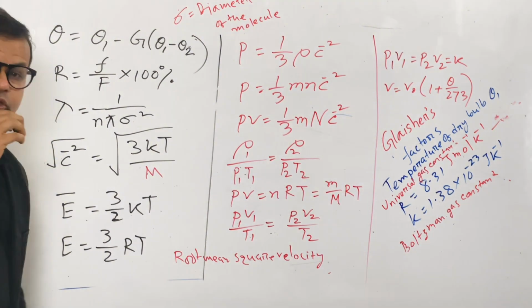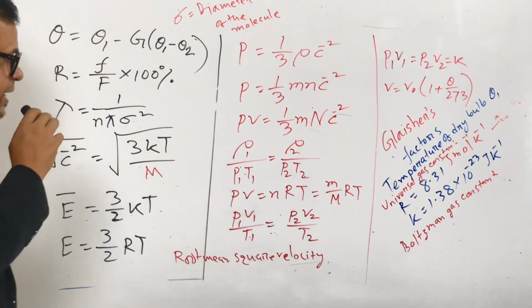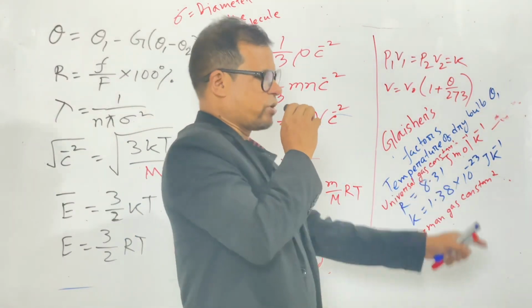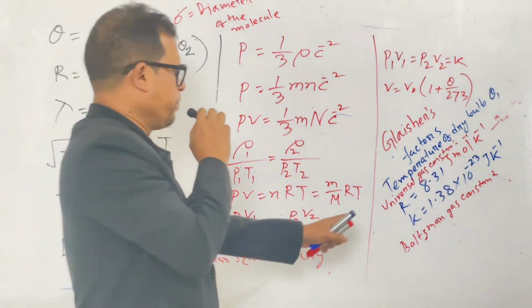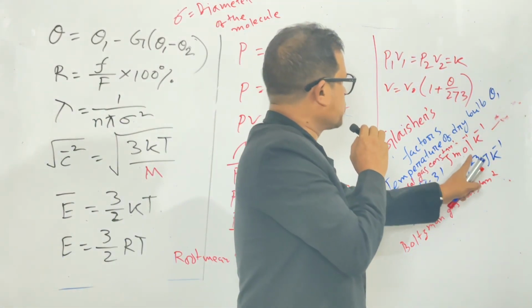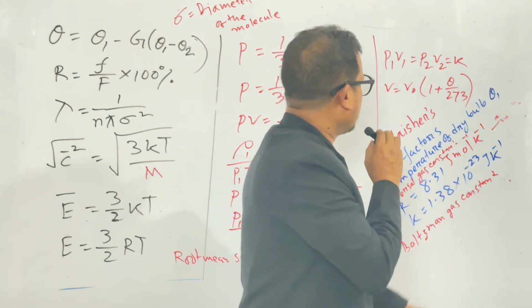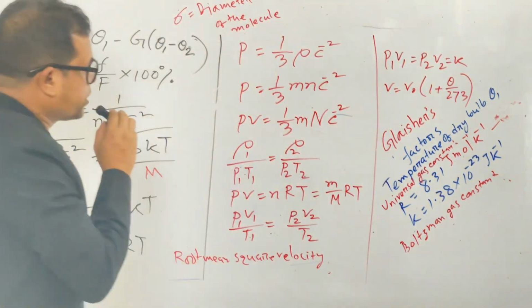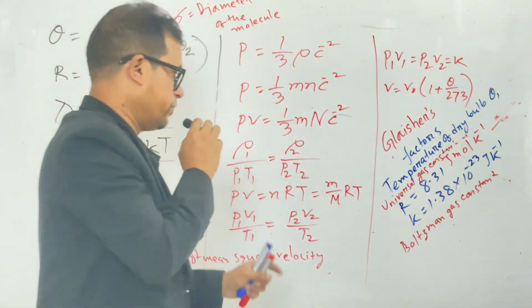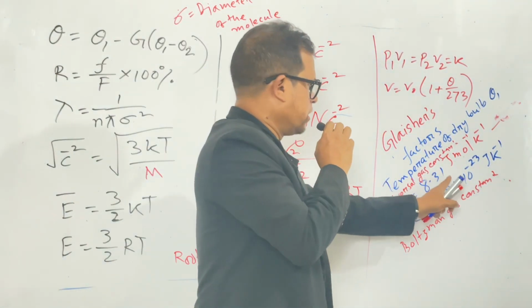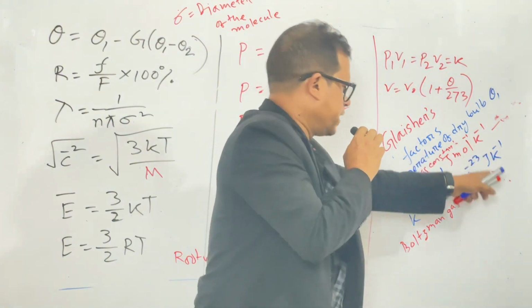E equals 3 over 2 RT. R is the universal gas constant, which has the value 8.31 joule per mole per Kelvin.